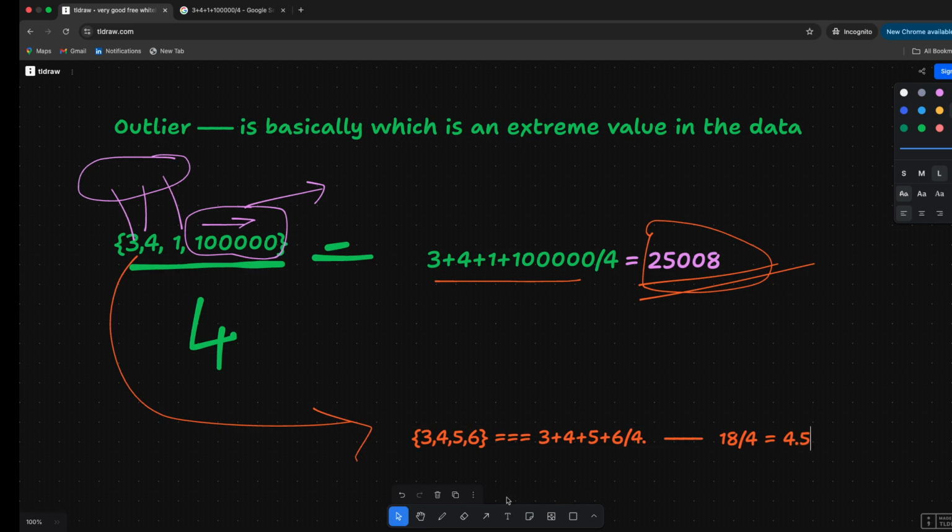Now see the difference between the means. Just by adding one outlier value, the mean has significantly shifted.